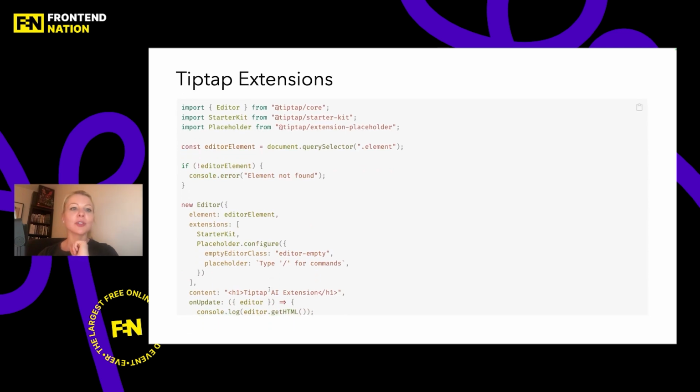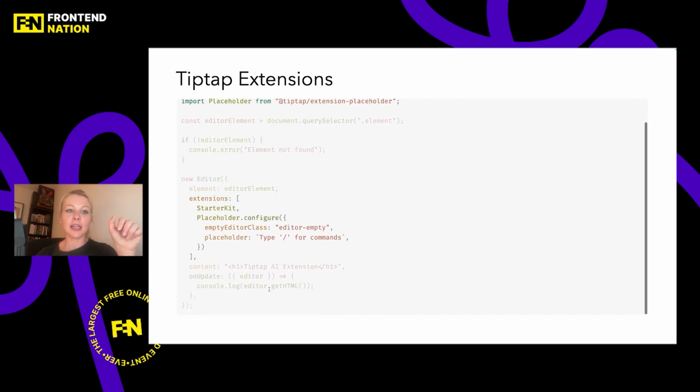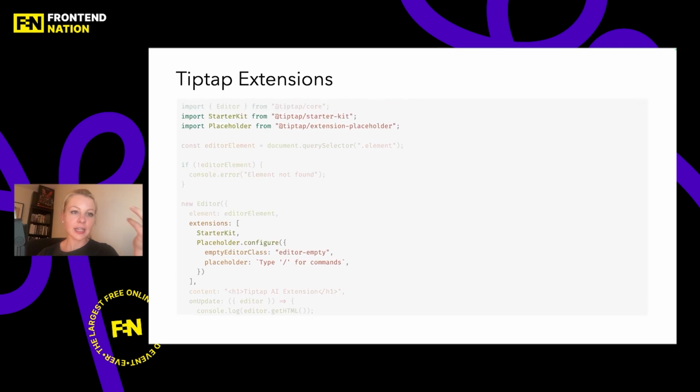But now we want to create the Tiptap extensions. So the first party extension, we want to use more than just the starter kit. And for example, here I'm importing the starter kit and also now the placeholder. And I can configure the extension.